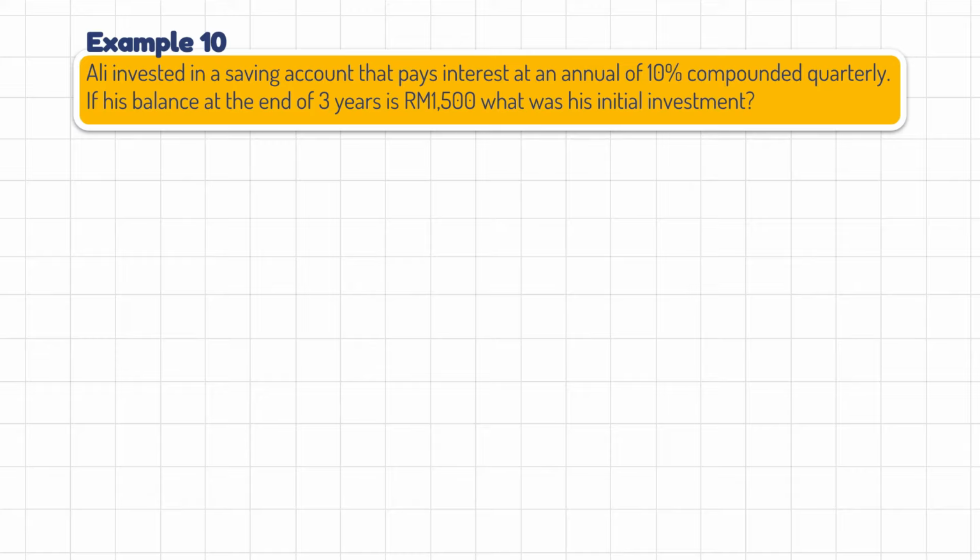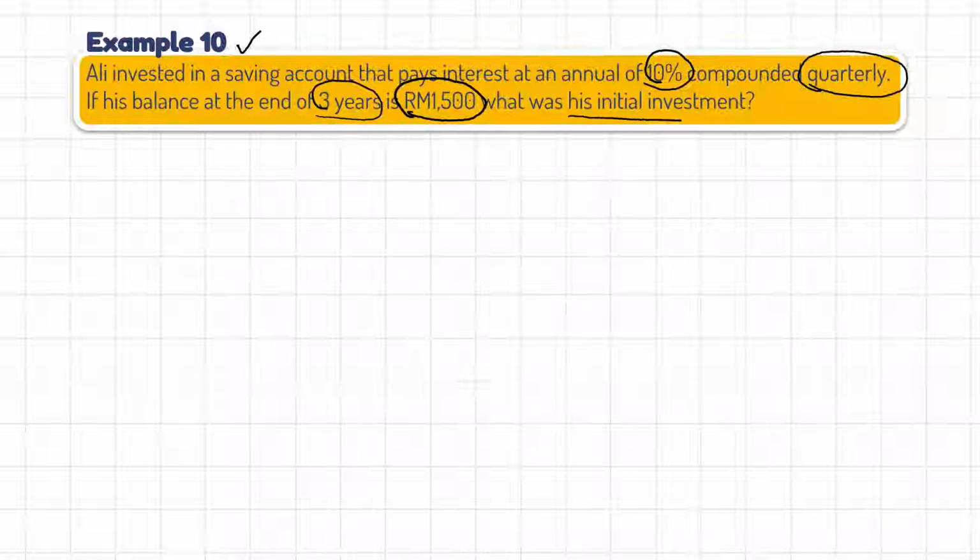Next, let's look at the last example for this lecture, which is example 10. Ali invested in a saving account that pays interest at an annual rate of 10%, compounded quarterly. If his balance at the end of 3 years is 1,500 ringgit, what was his initial investment?